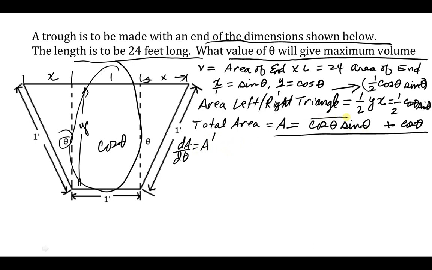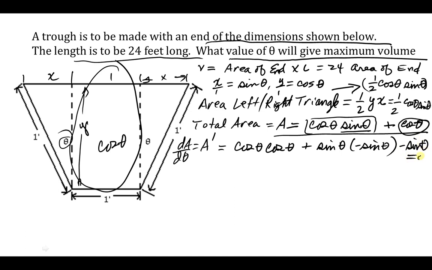We now have to use the product rule, which is going to be the first, which is cosine of theta, times the derivative of the second, which is cosine of theta, plus the second, which is sine of theta, times the derivative of the first, which is minus sine of theta, plus the derivative of cosine of theta, which is minus sine of theta.